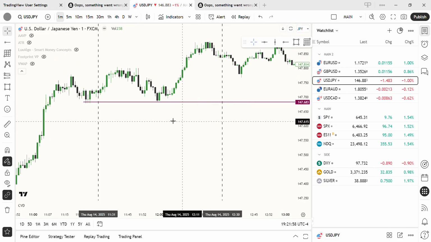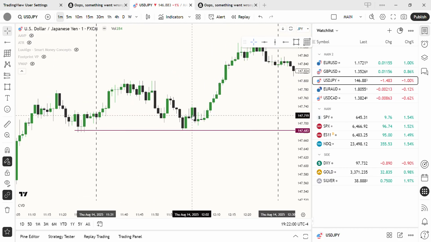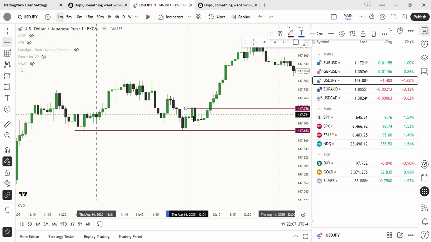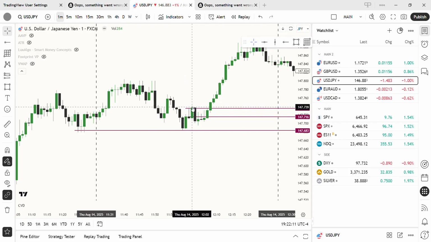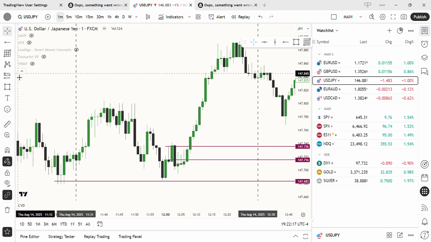Price bounces off these lows. Up, down. This swing high, this order block. Break structure, retraces. Retraces.